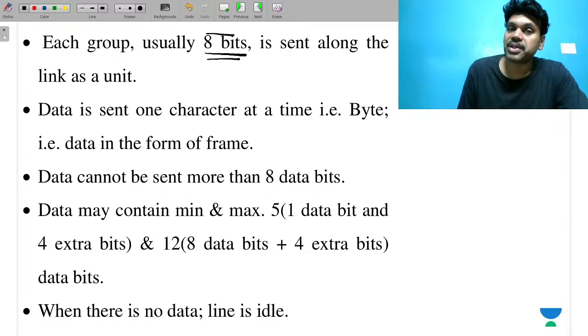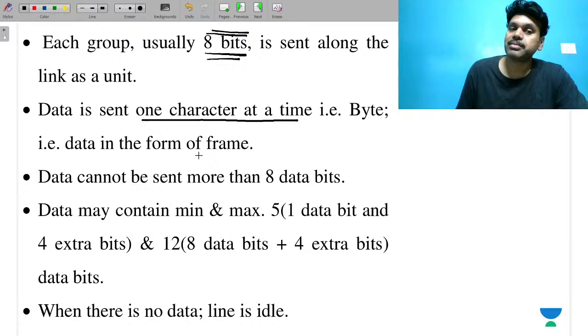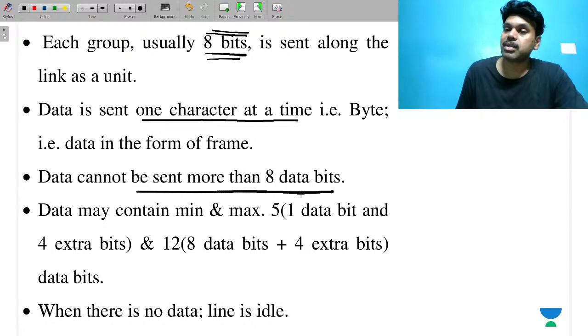A very important point. A pattern consists of only 8 bits. So data is sent character by character, and a character consists of only 8 bits. Data cannot be sent in more than an 8-bit format. So if you consider ASCII, I am going to send the data in the form of 8 bits only.